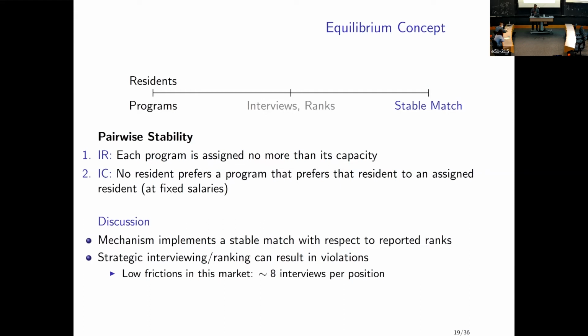Yeah, go ahead. There could be some two-body problems. Yeah, so maybe the notion of stability that we're going to use is not quite right. Do any of your medical students ask you how to game the match? Your friends, yeah, they think that they can game the match. There's some signaling potentially, right? So there are some reasons why stability may not be exactly right.